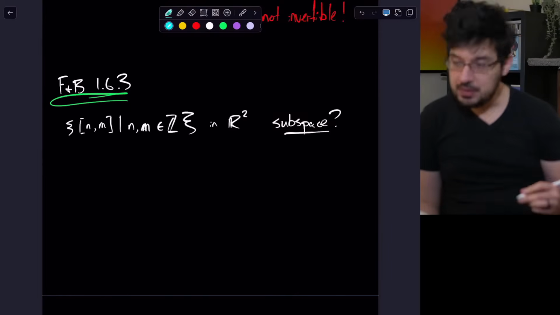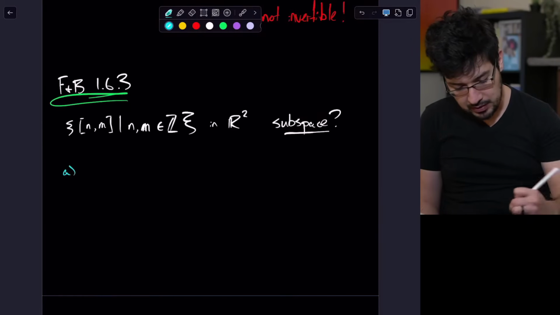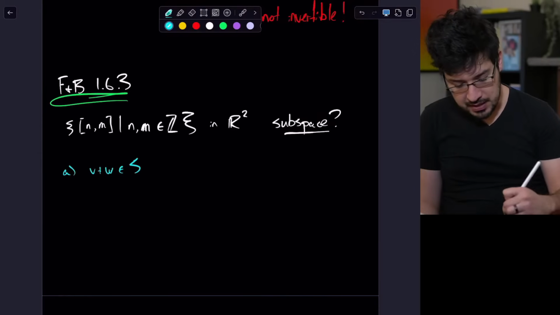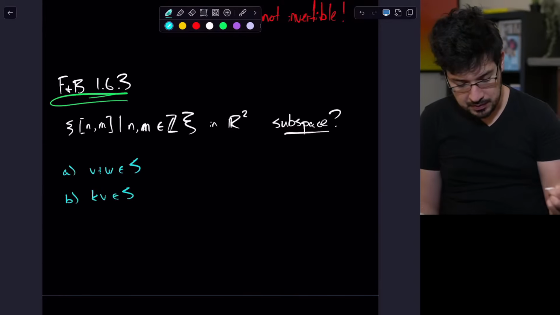If we want to determine if it's a subspace, the criterion is: two vectors, v and w, need to be in the set, and a scalar multiplication of a vector needs to also be in the set.